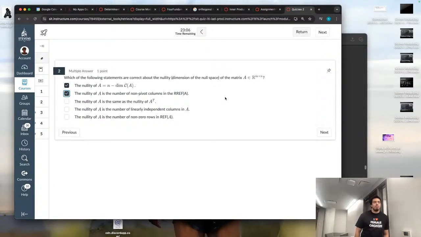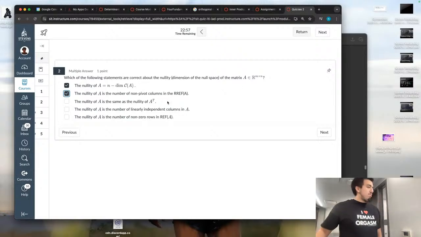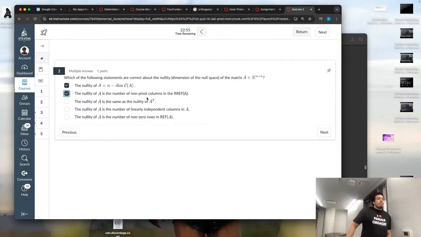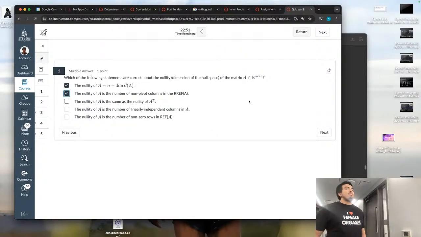I guess so, because it's n minus the rank, and the rank is the number of pivot columns. Nullity of A is the same as the nullity of this guy? I don't think so. But the nullity of A is the number of linearly independent columns in A.